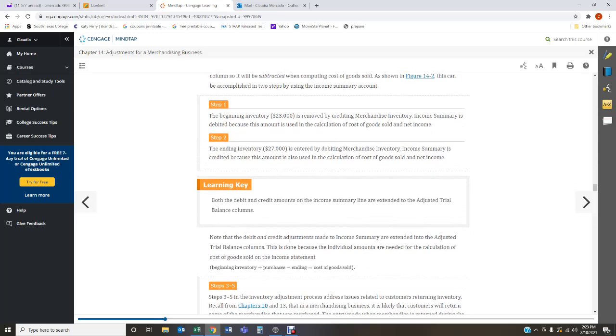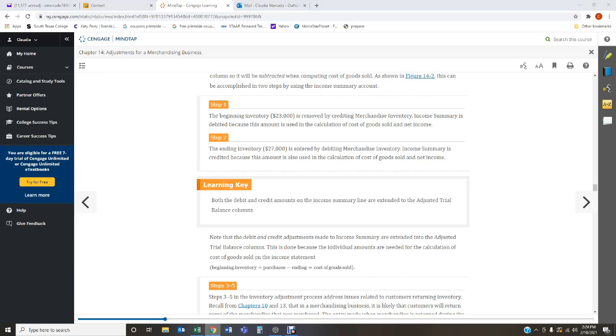Step number 1 tells us that the beginning inventory is removed by crediting merchandise inventory. Income summary is debited because this amount is used in the calculation of cost of goods sold and net income. So we're going to be following a series of steps to help us complete our worksheet. The first thing they're asking us is to credit the merchandise inventory and debit income summary.